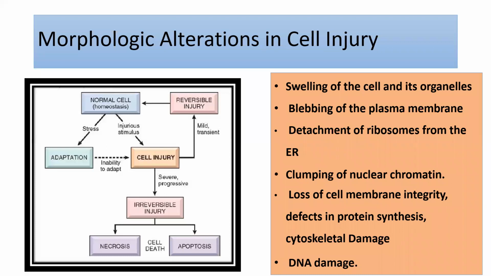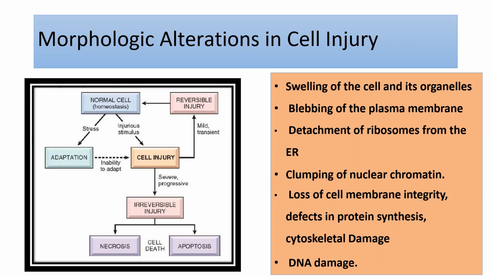And then next is morphological alterations in the cell. First was the etiology of the injury of the cell.